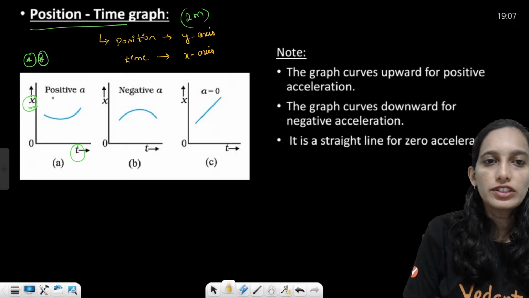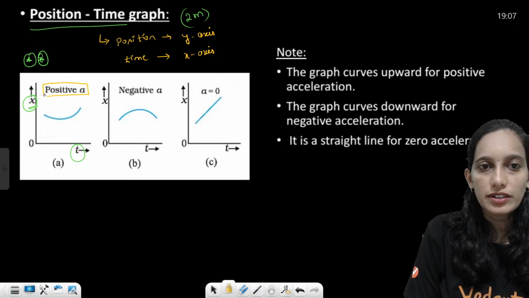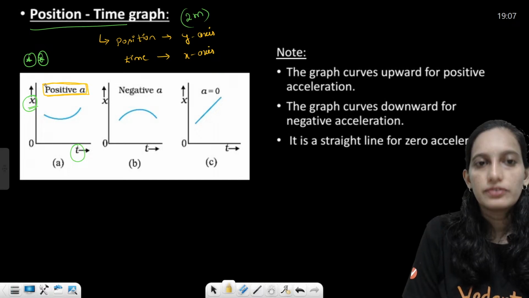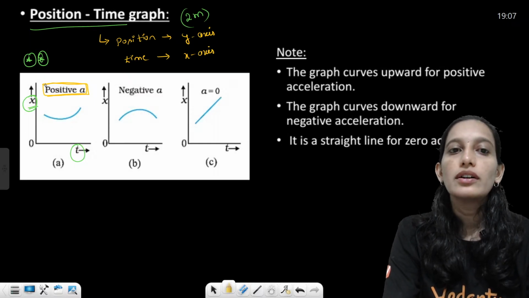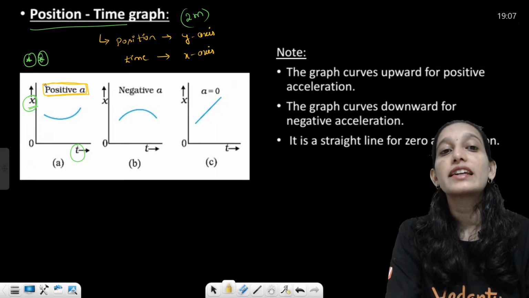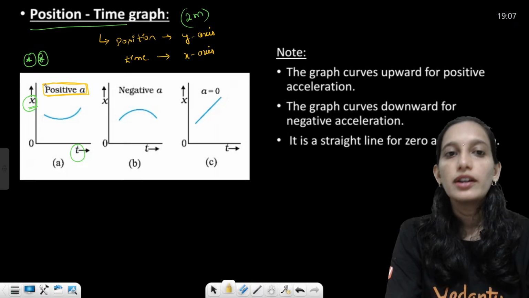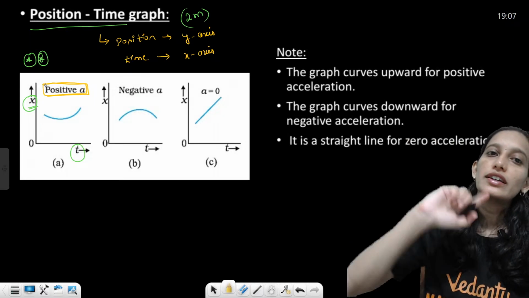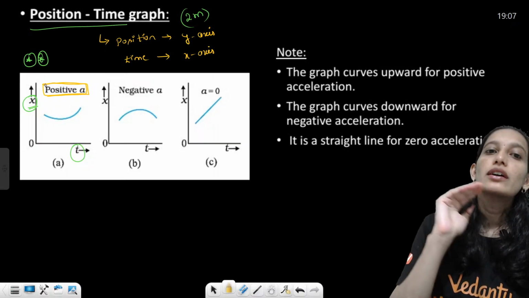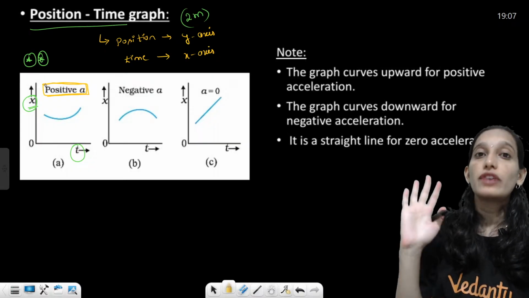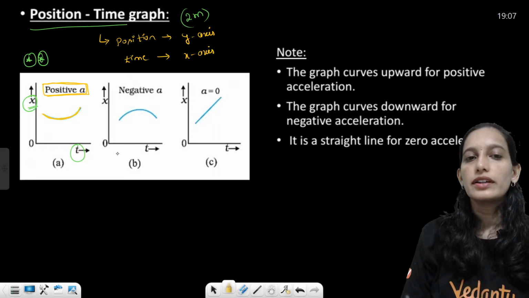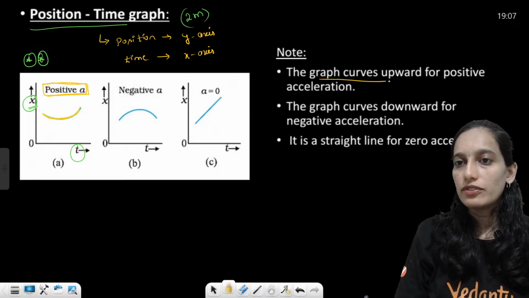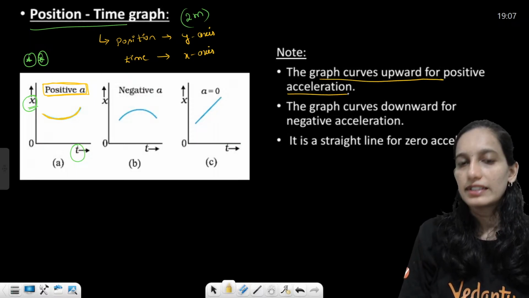Okay, so in the first case there is positive acceleration. If they tell you to draw the position time graph for the case where acceleration is positive, positive acceleration means acceleration has some constant positive value. In that case you are going to have a curve like this. The graph curves upward for positive acceleration.